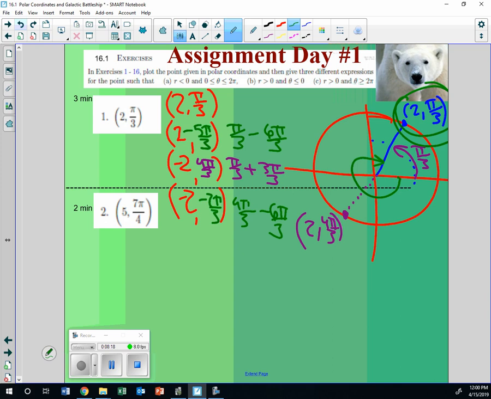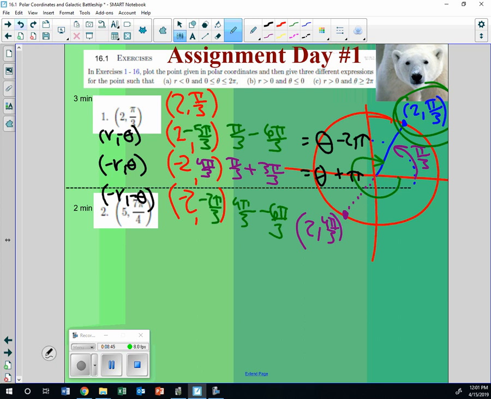If you want a shortcut, this is r, negative theta. This is negative r, theta. This is negative r, negative theta. What you did here is you took theta and subtracted 2 pi. This one, you took theta and you added pi.